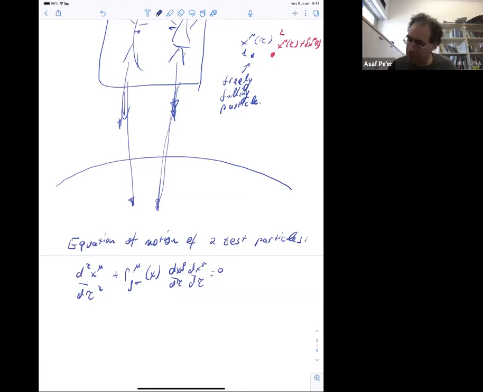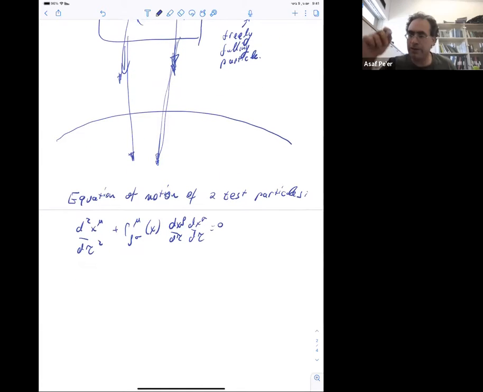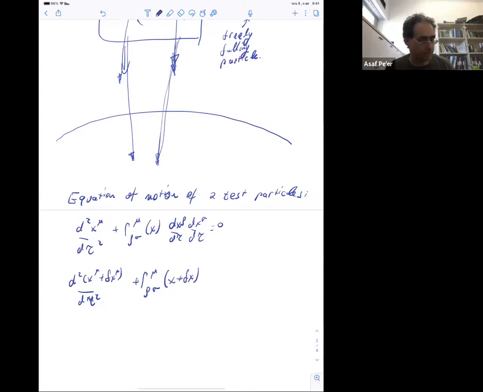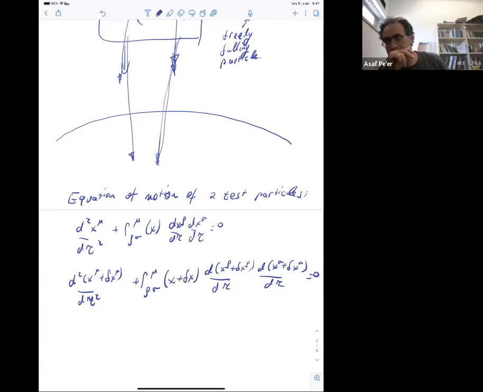And for the second one, it's going to be the same, but the second is located at x^μ plus δx^μ. So it will be d²(x^μ plus δx^μ)/dτ² plus Γ^μ_ρσ at position x plus δx, times d(x^ρ plus δx^ρ)/dτ times d(x^σ plus δx^σ)/dτ equal to 0. So these are the two equations that the particle trajectories follow.